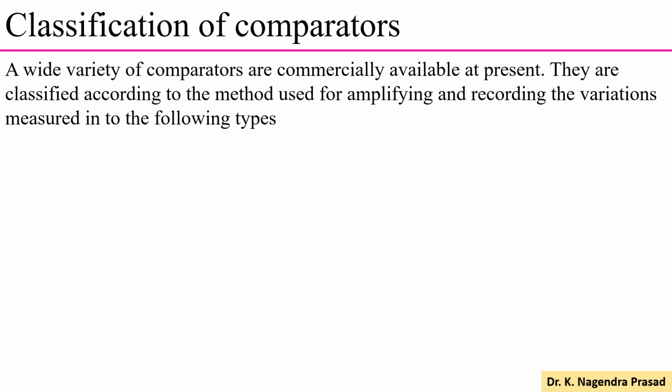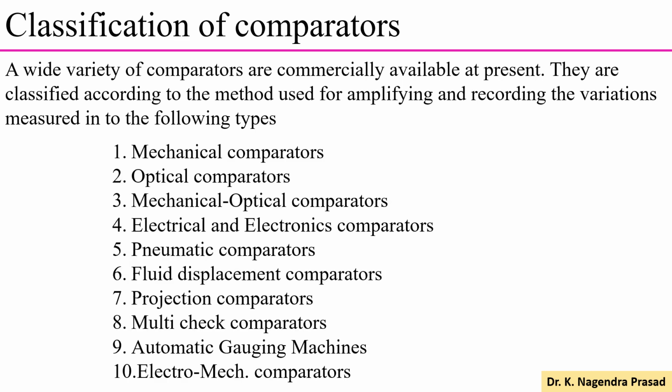So next we have to discuss the classification of comparators. A wide variety of comparators are commercially available at present. They are classified according to the method used for amplifying and recording the variations measured, in the following types. First one is mechanical comparators. Second one is optical comparators. Third one is mechanical optical comparators.